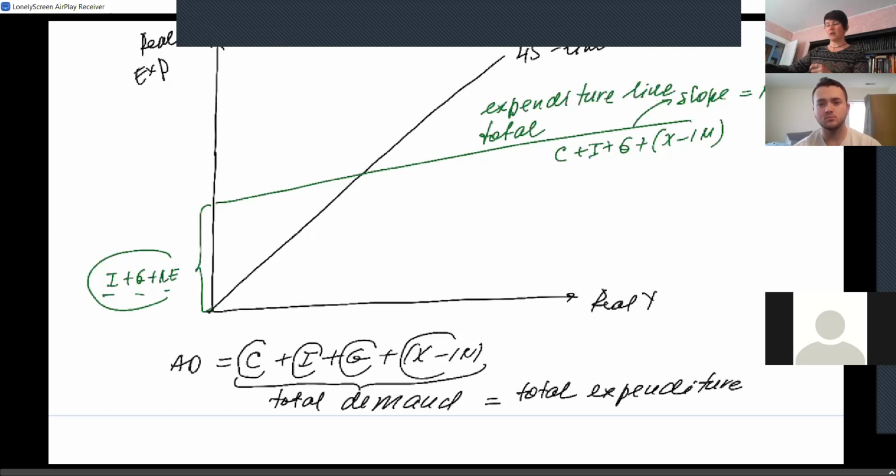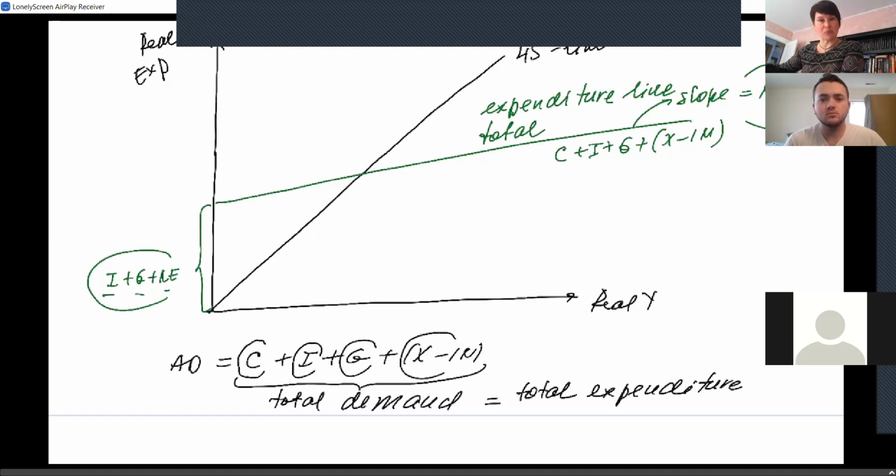Now, the slope of the total expenditure line is MPC. It says if my income increases by $1, this is how much out of this dollar I will be spending. Remember we talked about MPC? So the total expenditure line has a positive intercept and a positive slope. Why do we need this line?